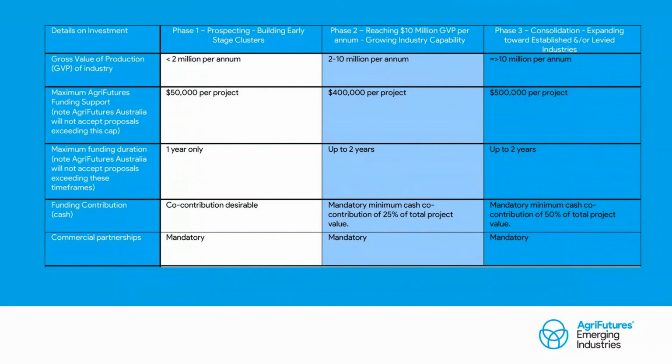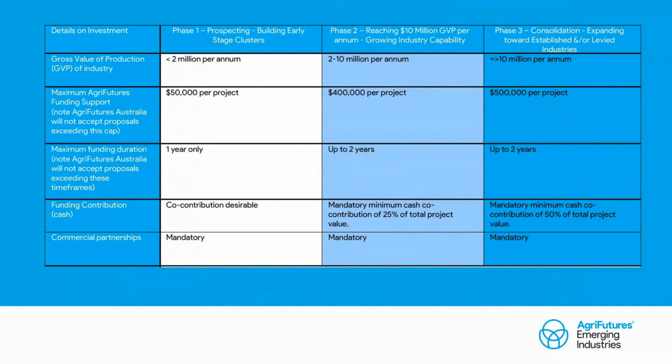Given that the scale of the proposal is expanding, we expect high quality proposals against all 3 categories, but particularly now that we're looking at much larger volumes of money in phase 3, we expect that they are high quality proposals.